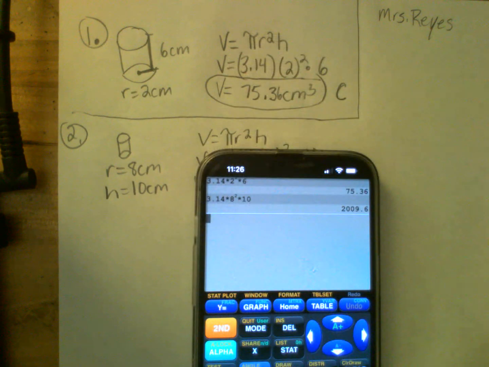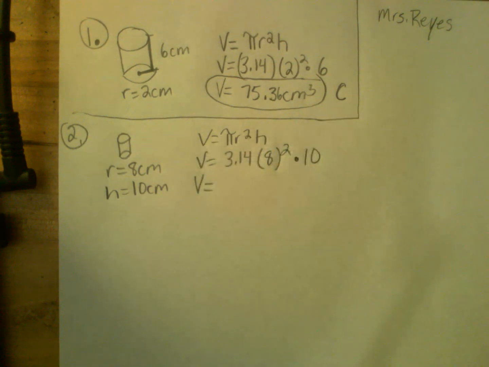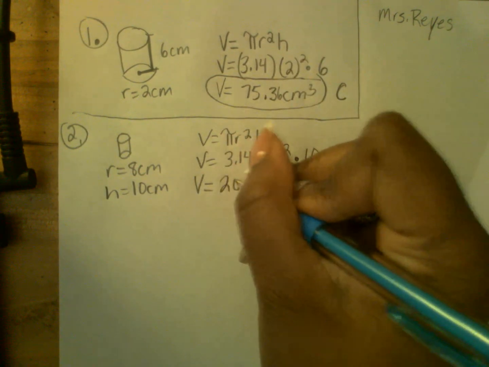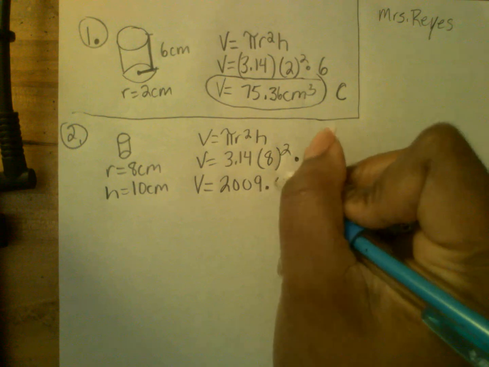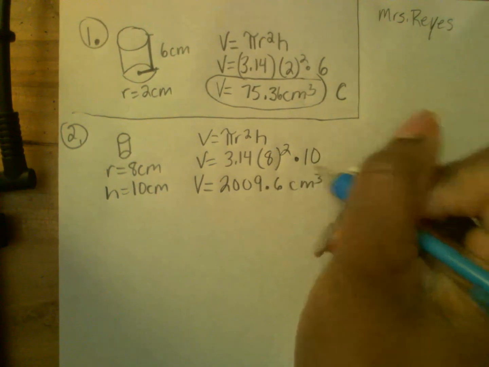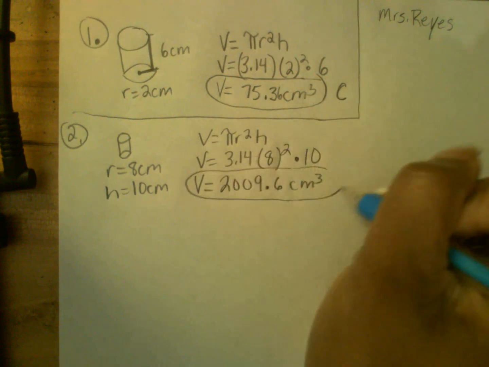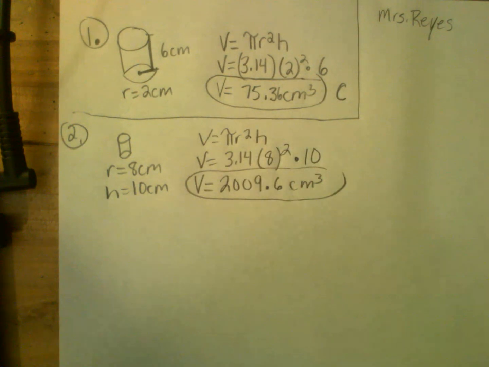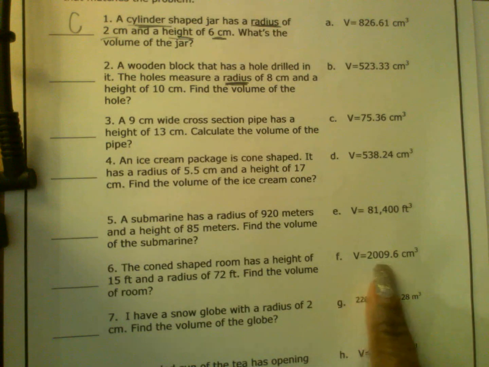So this is going to be 2009.6. 2009.6. And this is centimeters to the third power. Okay. And so this is going to be, when you look at it, that's F.